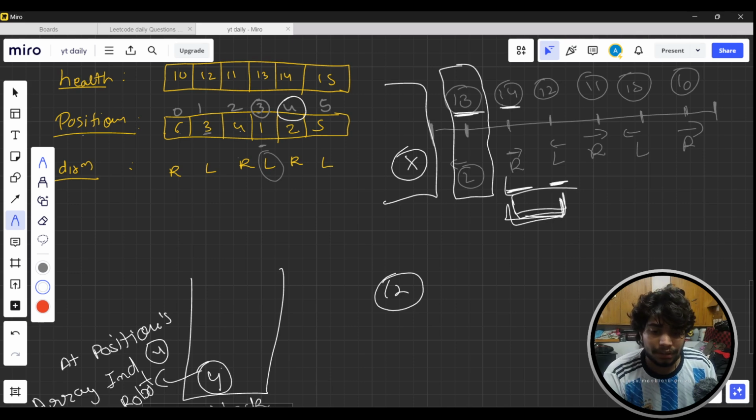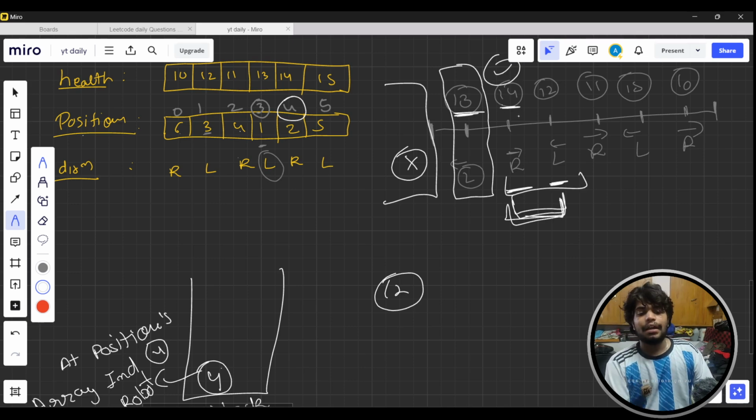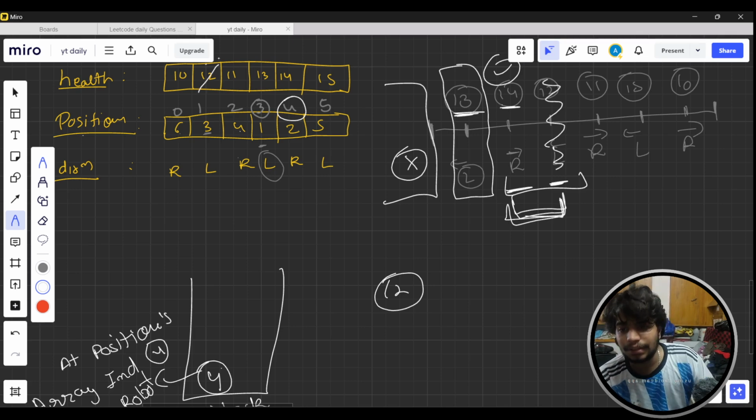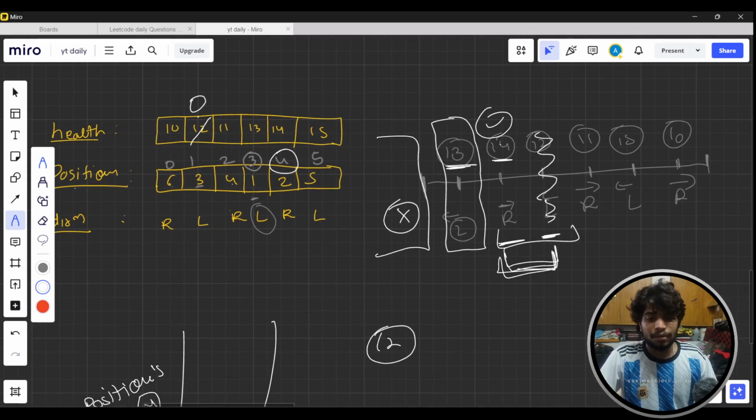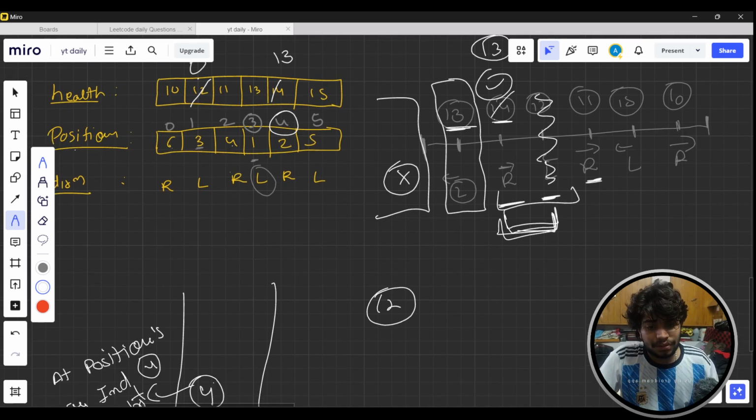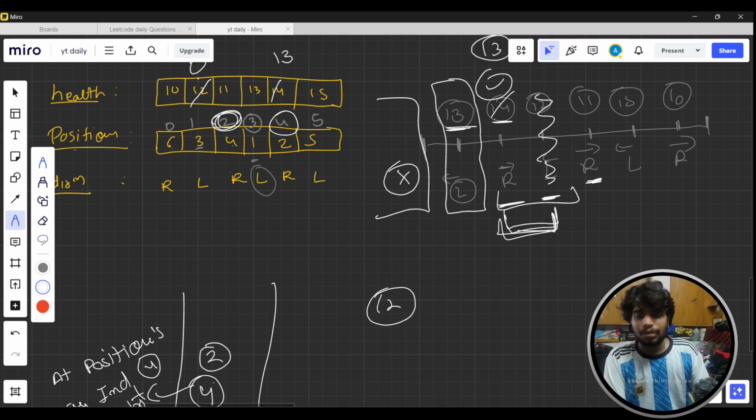And since the previous one, the winner, will be on the right side, I can just kill them, which means I can just decrease the health. Okay, and its health will also decrease by 1. It is moving in the right direction. Okay, so this robot is also moving right. I can just place them in. So for that the index is 2. This one I'm talking about.